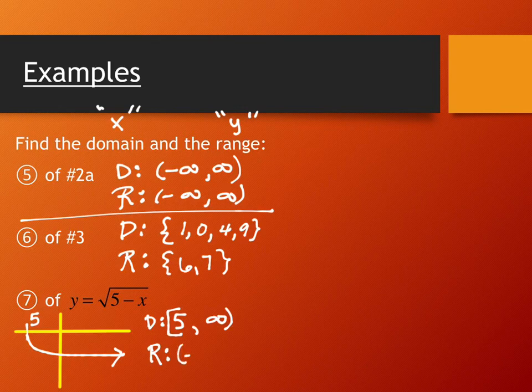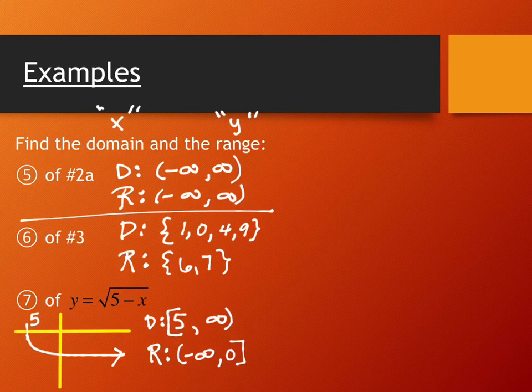So my range is actually negative infinity as I'm climbing up. But there gets to be a point on the x-axis when I hit y equals 0, where I don't have anything above it. There is nothing on the top half of this graph. So it does stop at 0. And it actually equals 0, again, because when I put in x equal 5, 5 minus 5 is 0, the square root of 0 is 0, that was a y value of 0. I have the ability to do that.